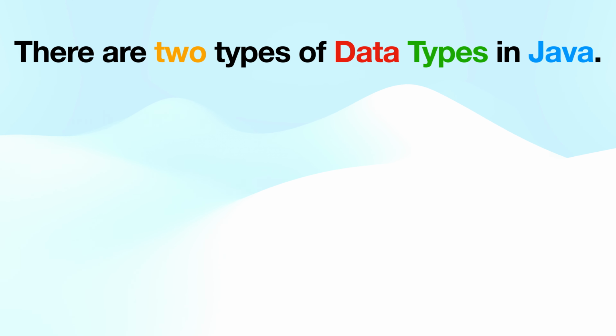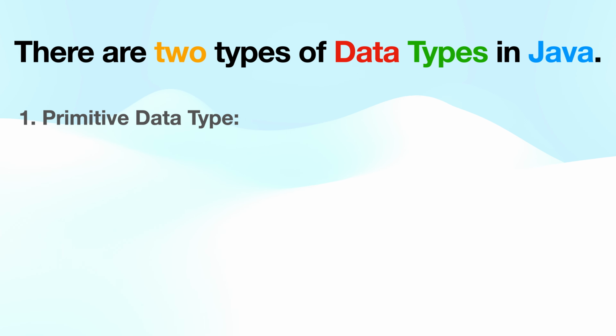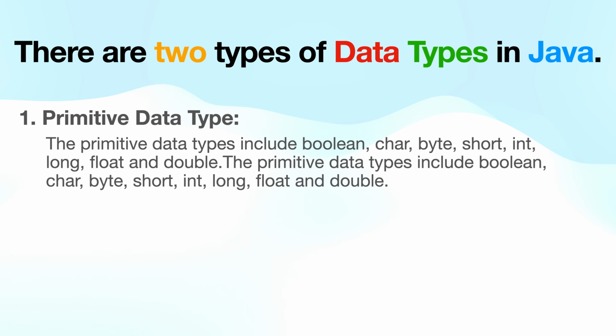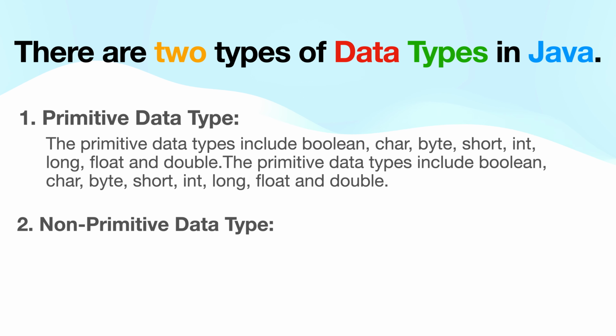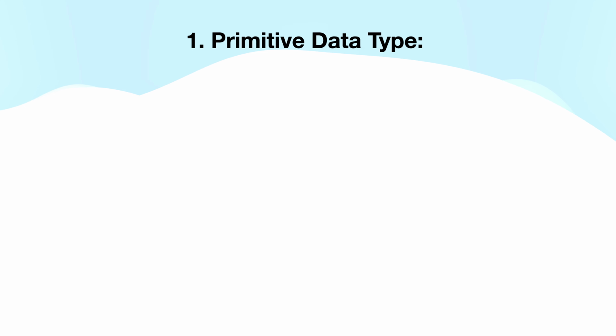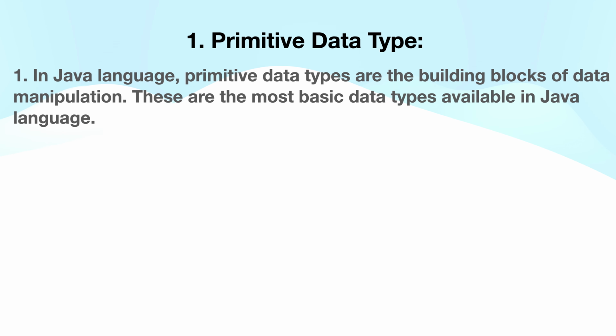To talk about primitive data types, they include boolean, char, byte, short, int, long, float, and double. While non-primitive data types include class, interface, arrays, and string as well. In Java language, primitive data types are the building blocks of data manipulation.